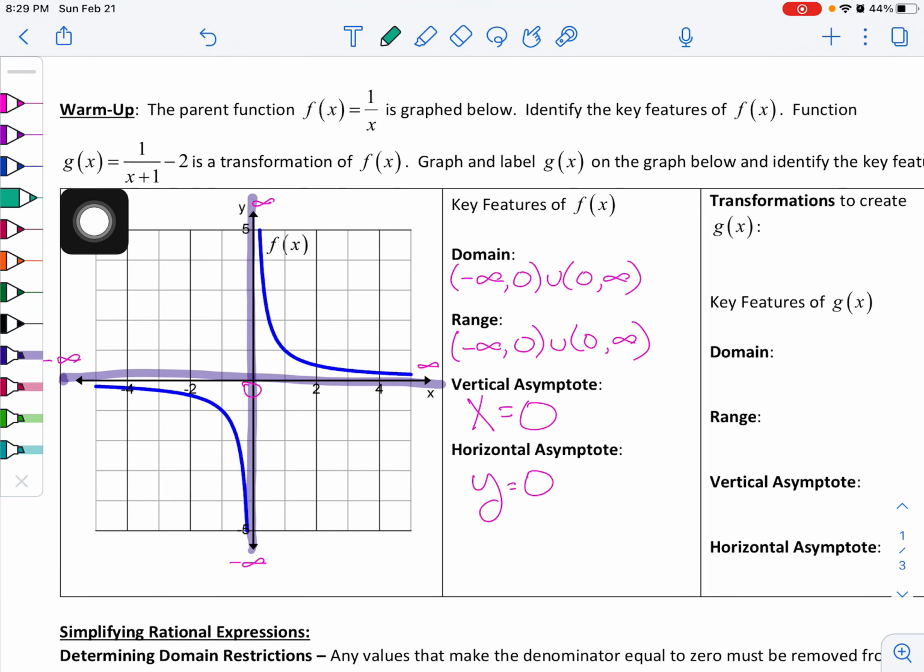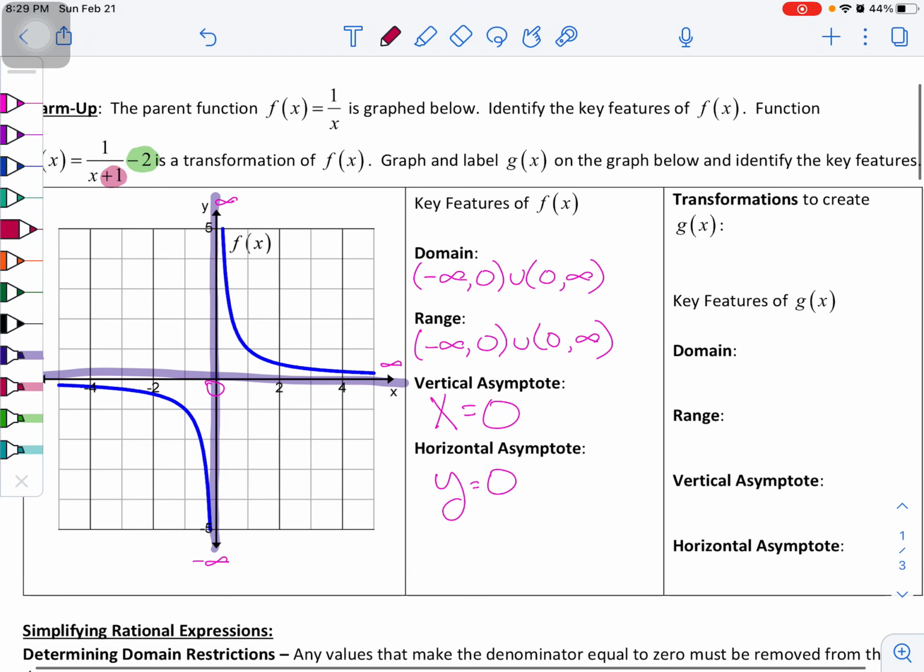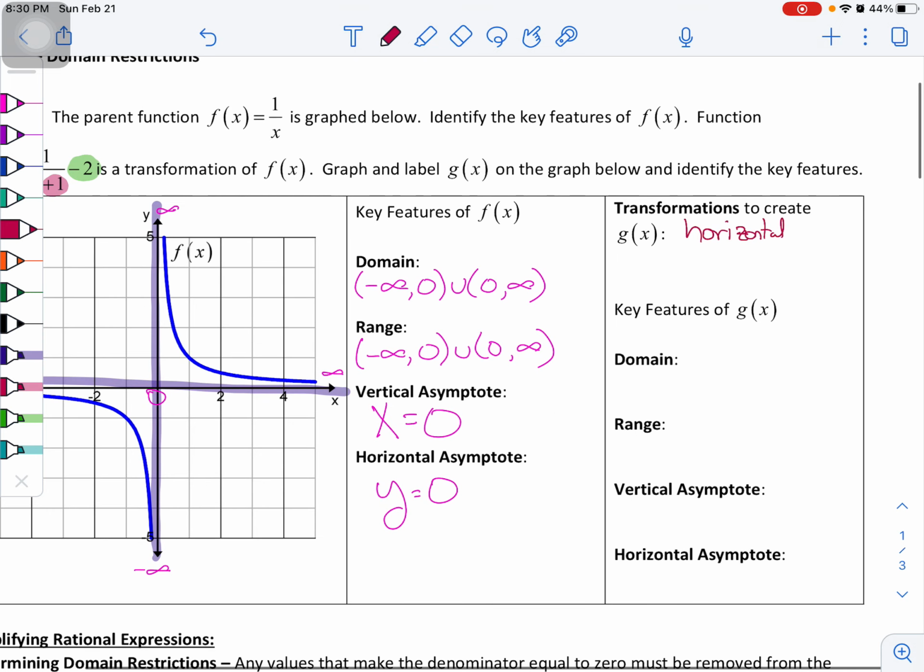Now, we've transformed f of x into g of x. And there are two transformations going on here. So we've got a +1 attached to the x, and then separately we have a -2 that's attached to the fraction. So the +1 attached to the x is going to be a horizontal.